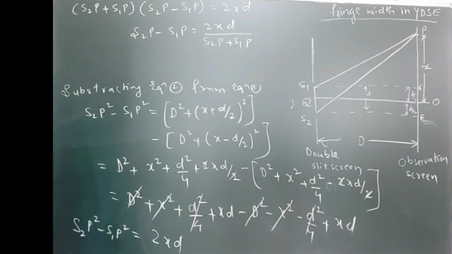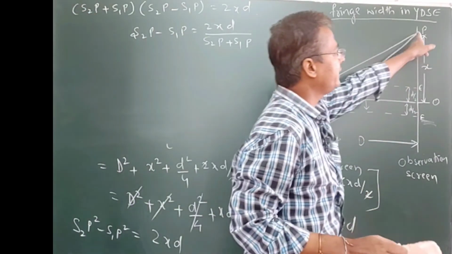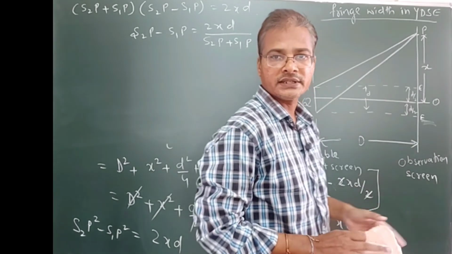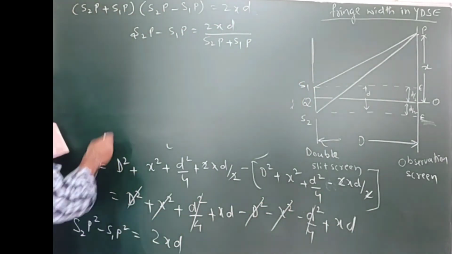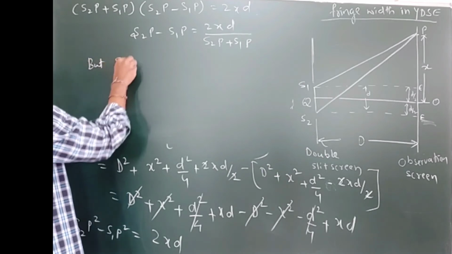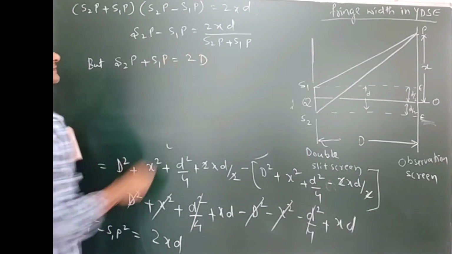Okay, S2P plus S1P. As we know, when P is very close to O, the distance we are going to see, that is S2P, but S2P plus S1P is D plus D, which is 2D.